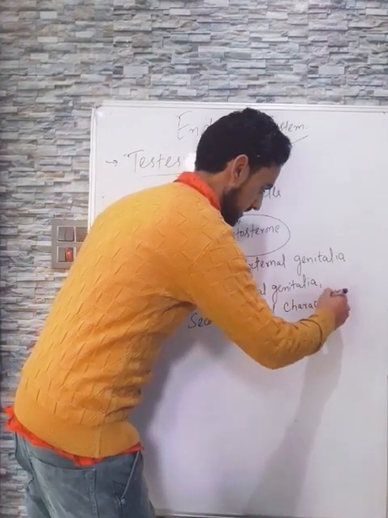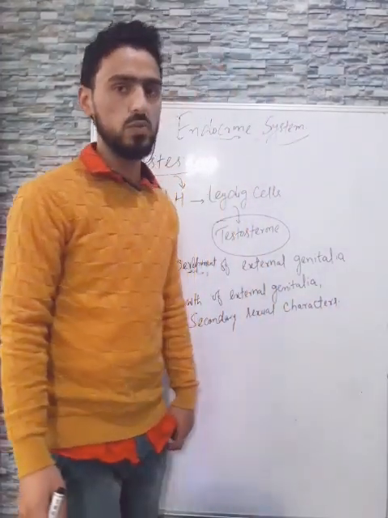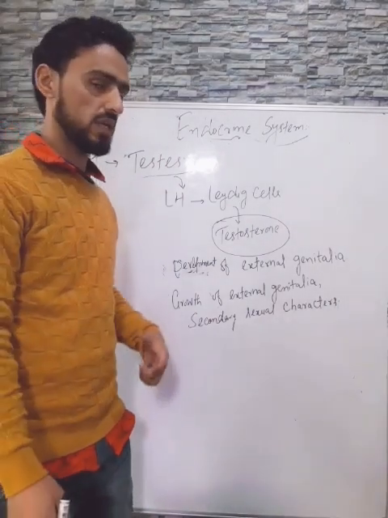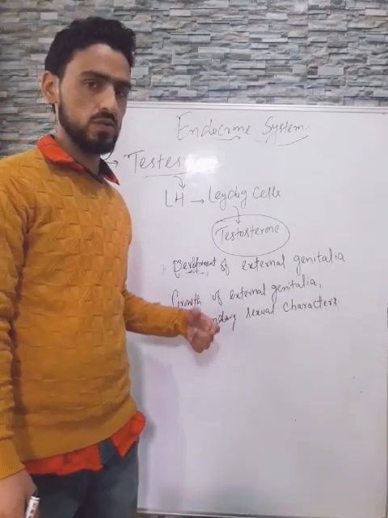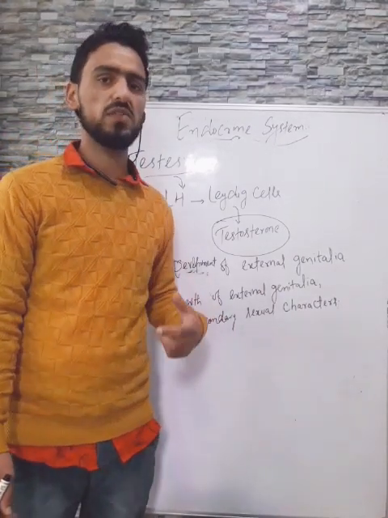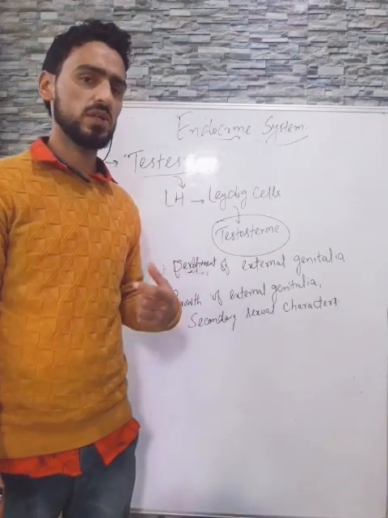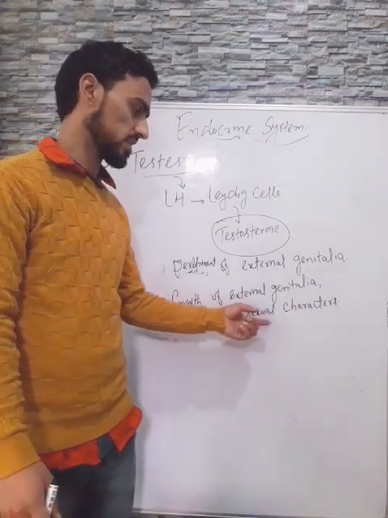Secondary sexual characters are those characters which appear in a male or female at the time of puberty. They are not present until then; they will appear later, and those are known as the secondary sexual characters.